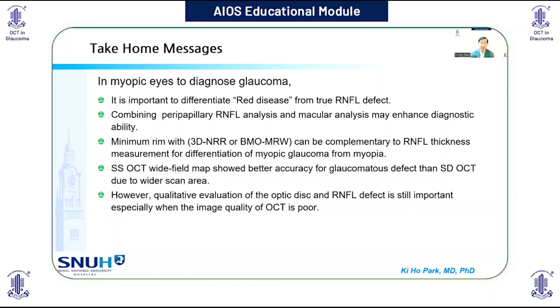Minimum rim width can be complementary to RNFL thickness measurement for differentiation of myopic glaucoma from myopia. Swept source OCT wide field map showed better accuracy for glaucomatous defect than spectral domain OCT due to the wider scan area.